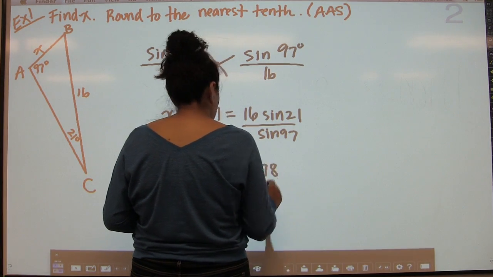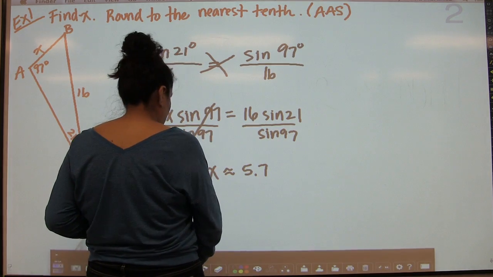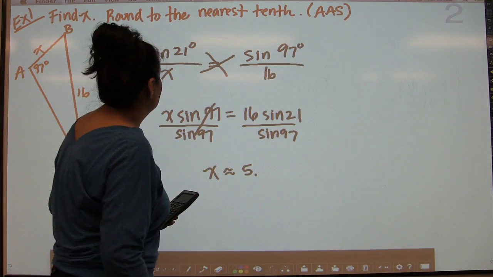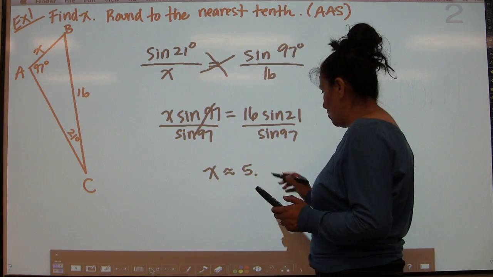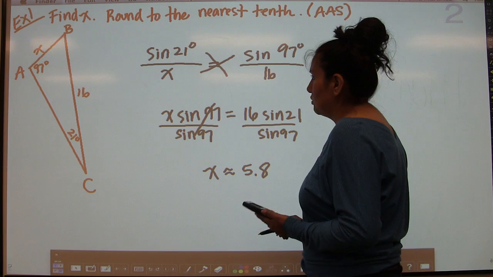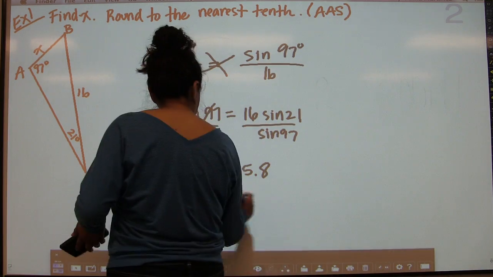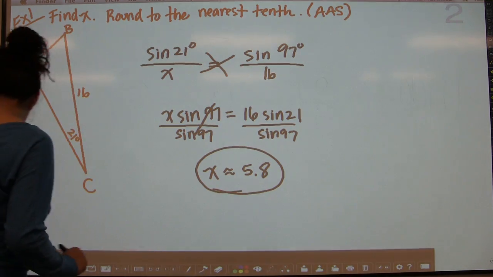But the instructions said to round to the nearest tenth. So since it's 5.77, we're going to go with 5.8. That is our approximate value for x. And that's how you do it. It's not very complicated.